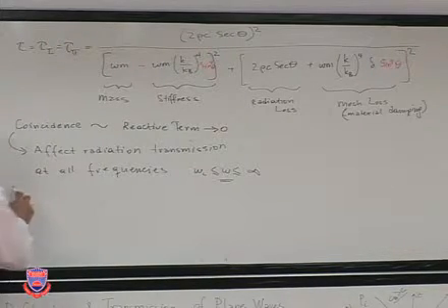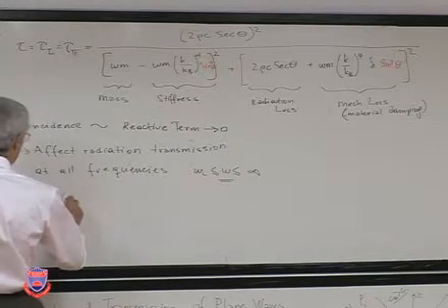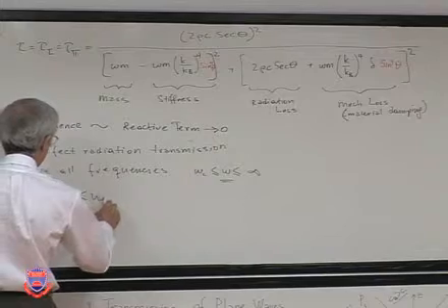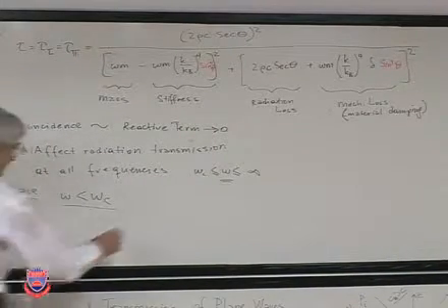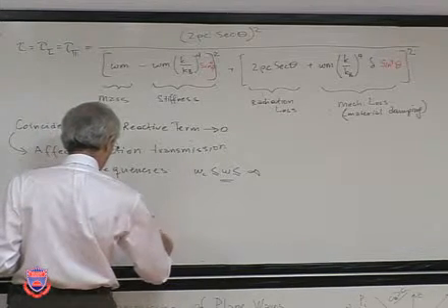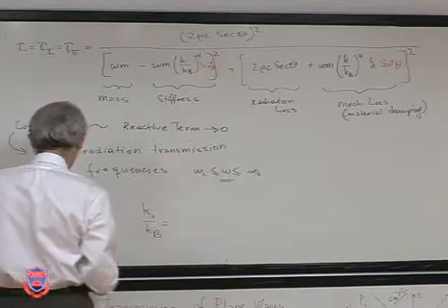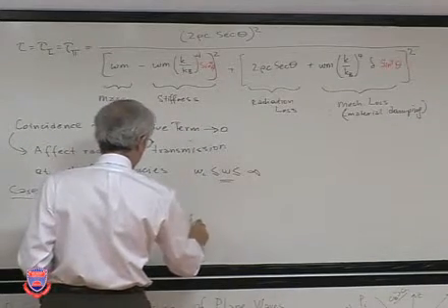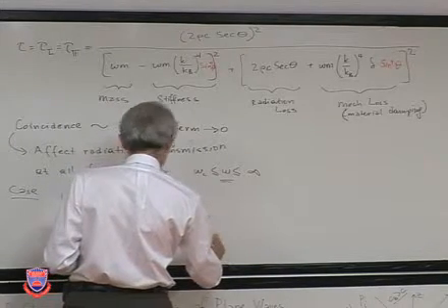So let's take a look at the case where omega is below. What do we have here? I have kx over kb, which is the key number here. That's k sine theta over kb.